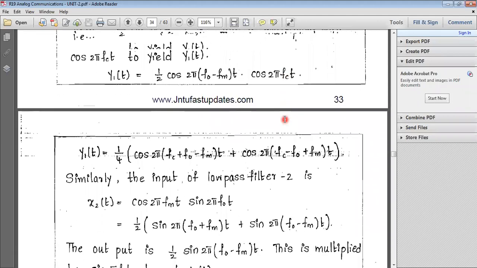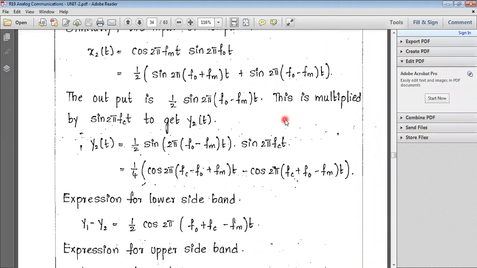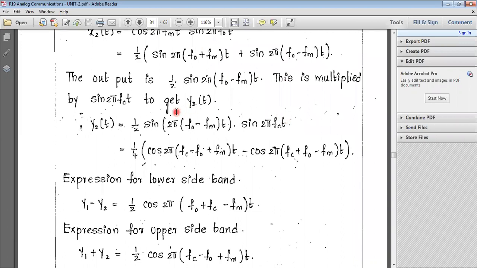So therefore y2 of t can be written as half sine 2 pi f naught minus fm into t into sine 2 pi fct.